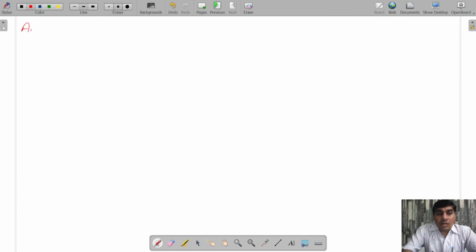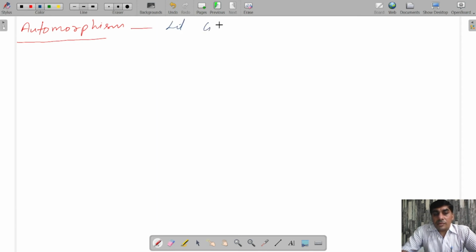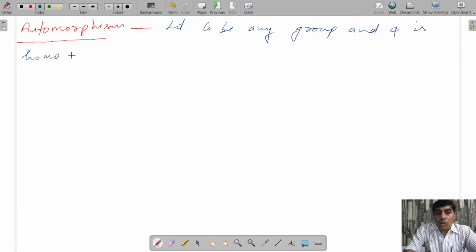Next, automorphism. Let G be any group and phi is a homomorphism from G onto G itself.